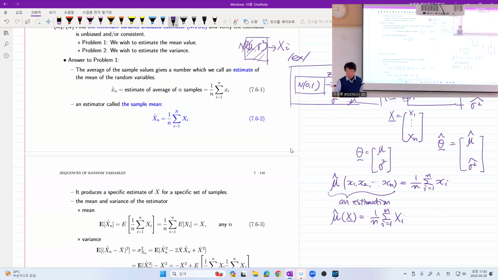Anyway, let me ask you a question. Does this have a good property? Yes. In what sense? It converges to the true mean as n tends to infinity, according to the law of large numbers. If we rely on the strong law of large numbers, we can say that the convergence is in the almost sure sense.